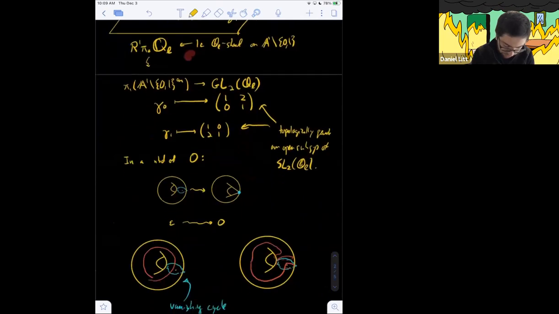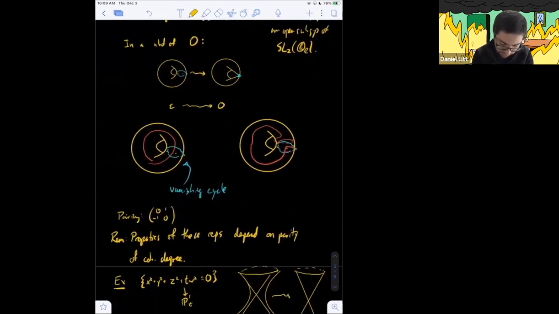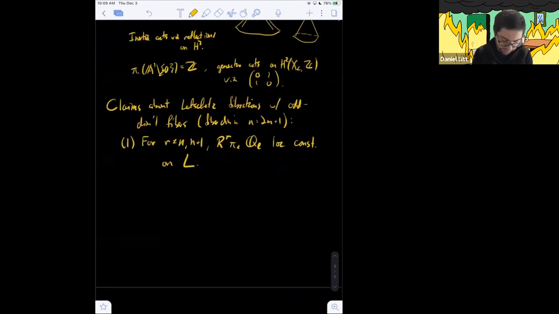So the example you should keep in mind for where R^2 pi lower star could be not locally constant is something like this. This could degenerate to a union of 2 elliptic curves, and then H2 of this is 2-dimensional, whereas H2 of this is 1-dimensional. So that tells you why you need this n plus 1 here.